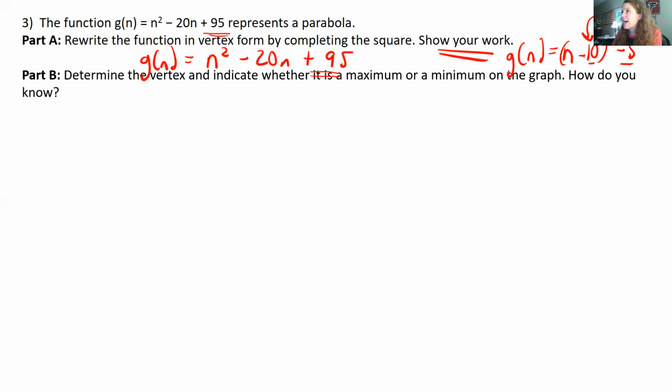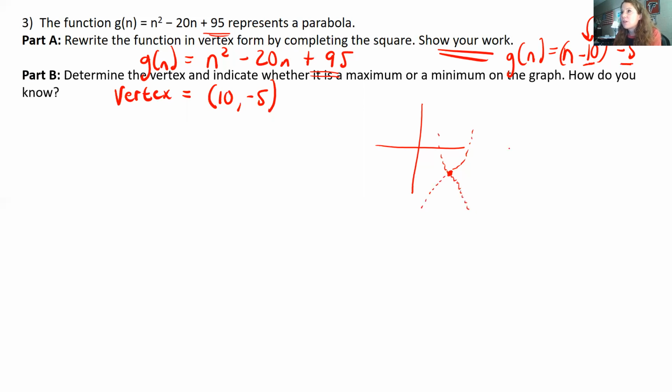So it's always the opposite of this number. So the vertex is positive 10, negative 5, right? And the next question is, does this vertex, if we went right 10, down 5, is this going to be our minimum because our parabola looks like this? Or is it going to be our maximum because the parabola goes down like this?